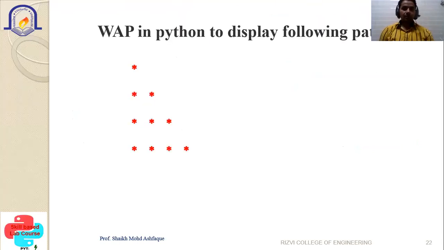We have written this program in C. We have written this program in Java as well. So I want you to write it in Python as well. Will you write it? Reply. Yes, sir. Okay. Right.